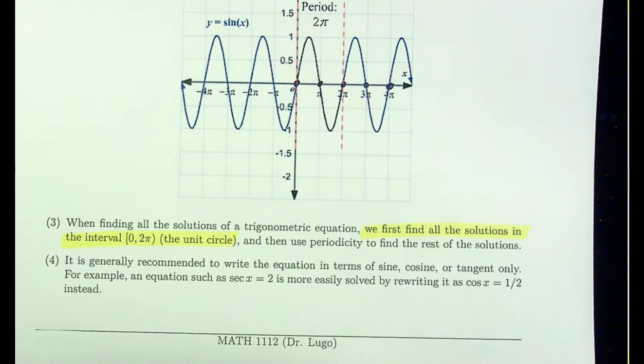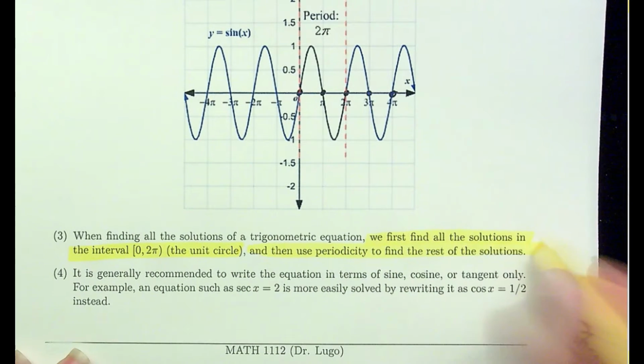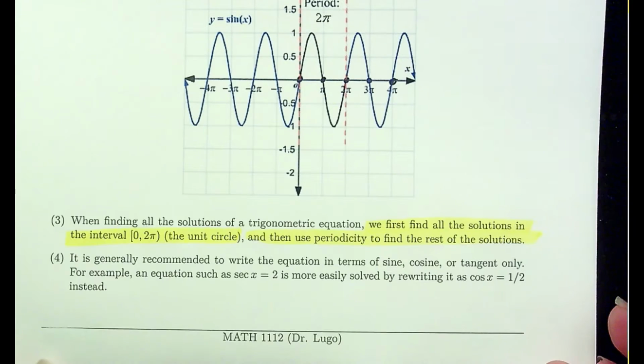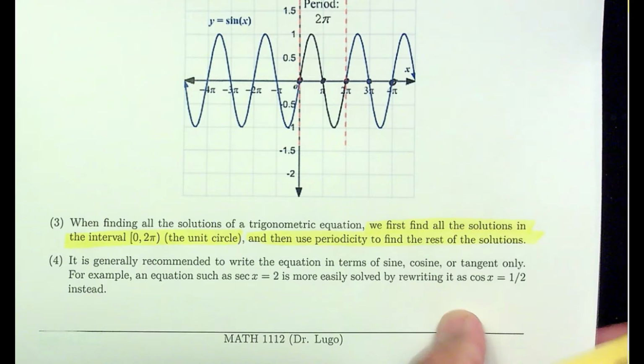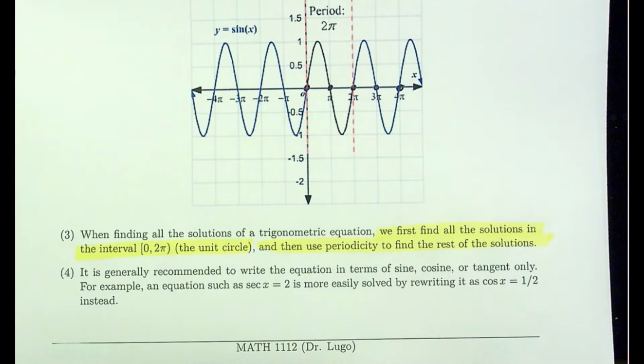You find all the solutions in the interval from 0 to 2 pi, which really means all the solutions in the unit circle, and then you use periodicity to find the rest of the solutions. These things you will understand better once we get to the example.